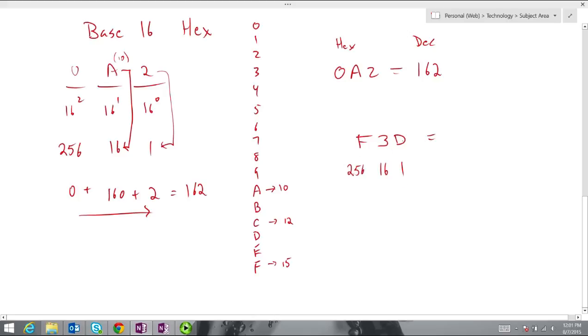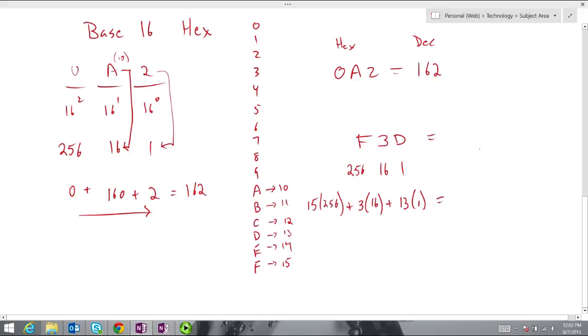So I might as well just write these out here so it's a little easier to see. Okay, so D is 13. So this would be 13 ones plus 3 16s plus F, which is 15, 15 256s.